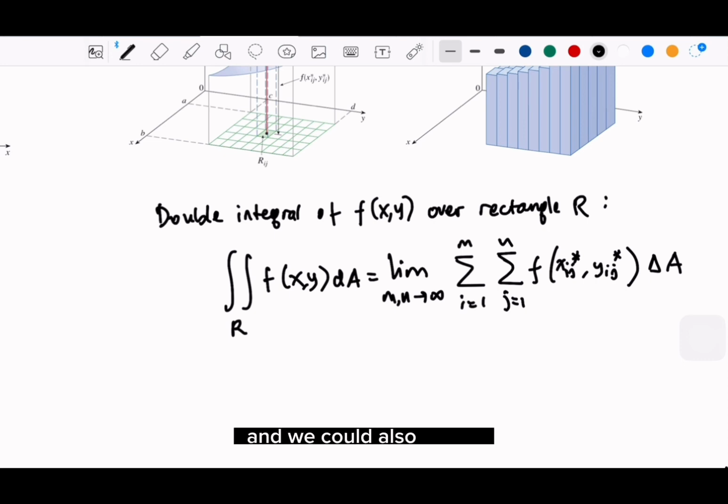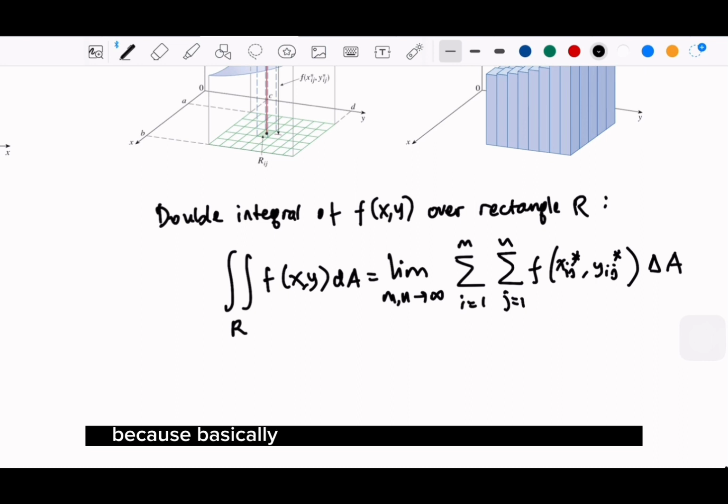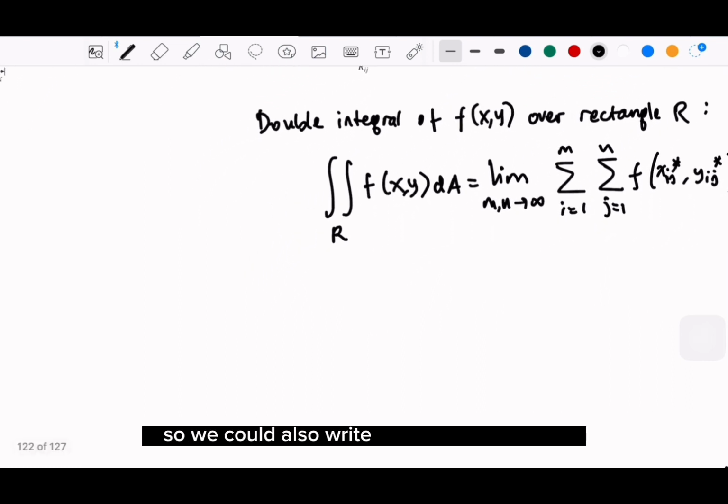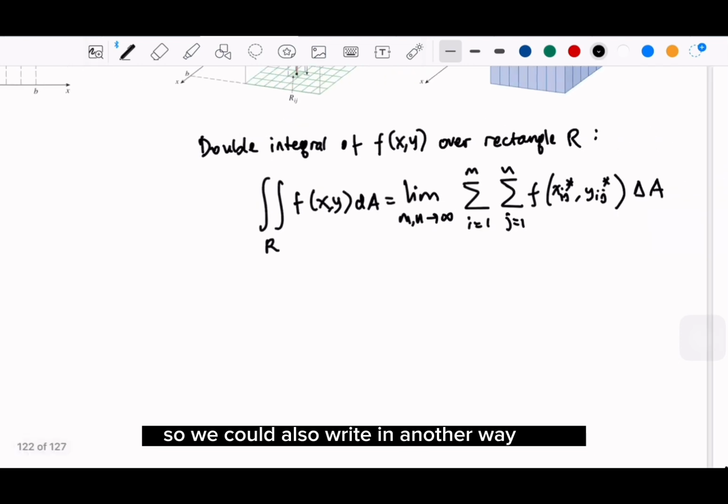And we could also define this integral in terms of volume, because basically what we did is compute the volume. So we could also write it in another way.